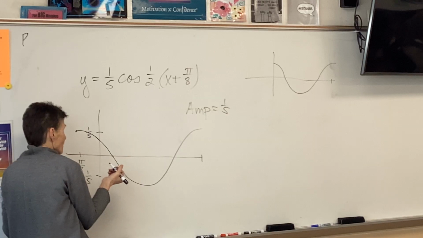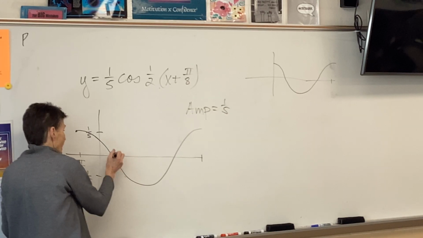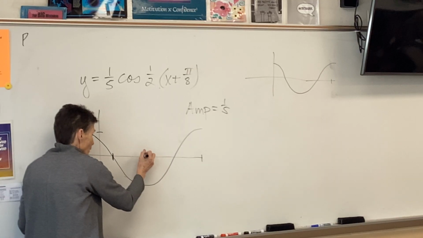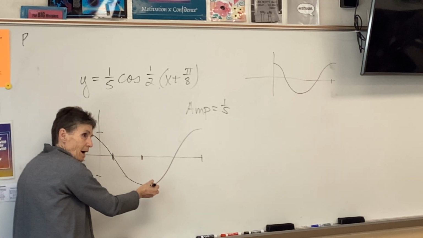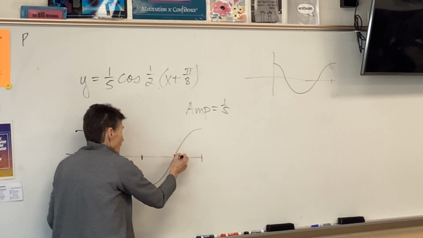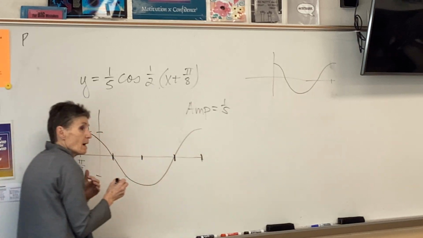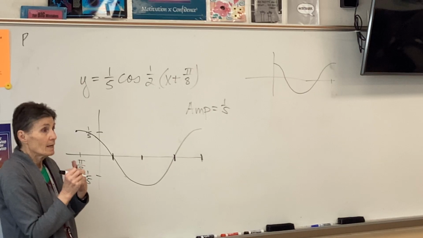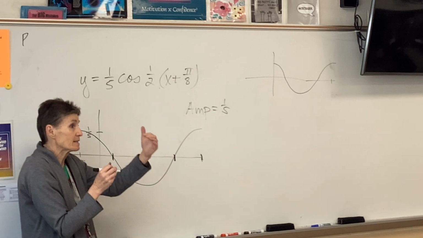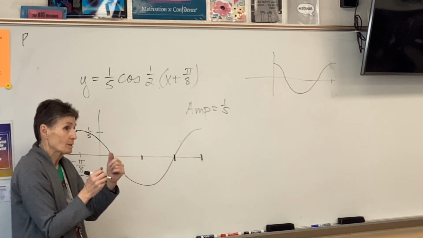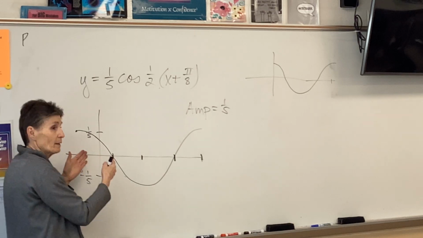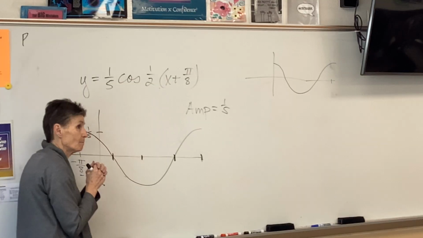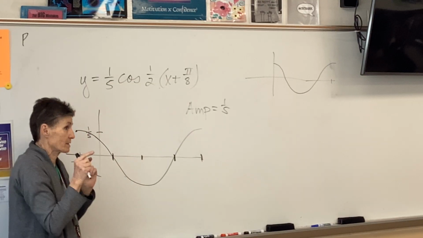Your job is to find that point right there where we cross, this point right here where we bottom out, this point right here where we cross, and then of course our end point. Every time you graph a sine or cosine, you will be split up basically into 1, 2, 3, 4 sections. Those are what were the quadrants.